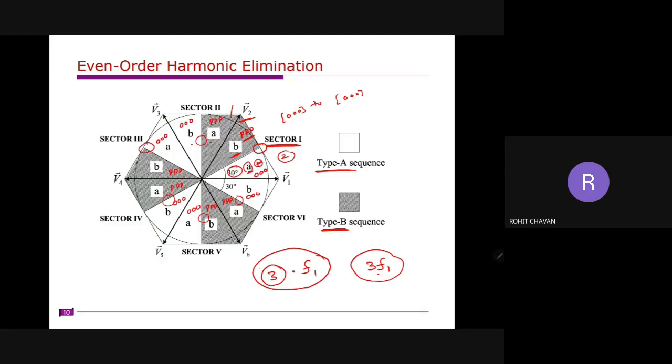Only once you start implementing will you understand. The same goes for sine PWM, so try to implement them one by one. Whatever we discussed, clear?